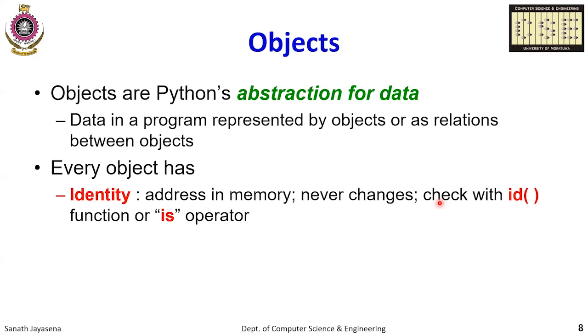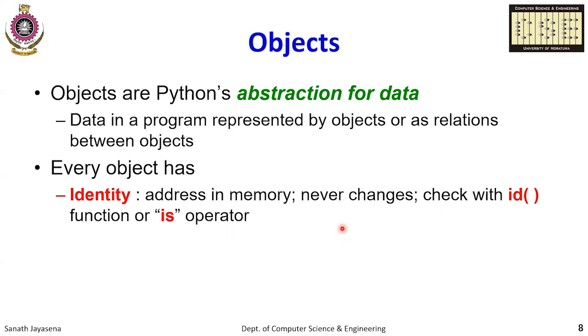If you go into the most accurate details, it may be something related to the address, but for our purposes, you can consider that as an address in memory. And this will never change. So if you have an object, its value may change, but its address or identity will never change because it simply sits there, located in that place.